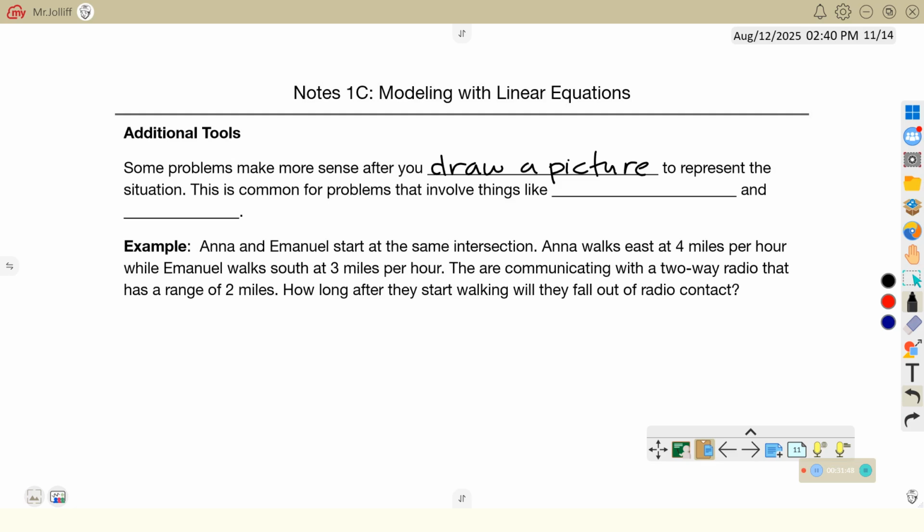It is a common tool for anything that involves things that relate like area, distance, time, speed. Those things happen on the surface of the earth. We can draw them out. They are most common with distance and speed problems. Those are situations where we would want to draw a picture of the motion of the object or how far it traveled to make sense of what it looks like in space.